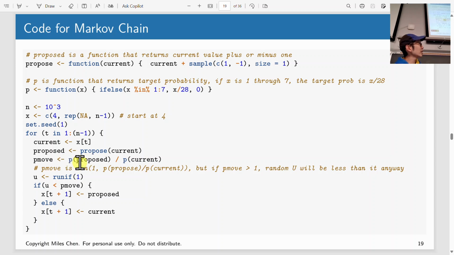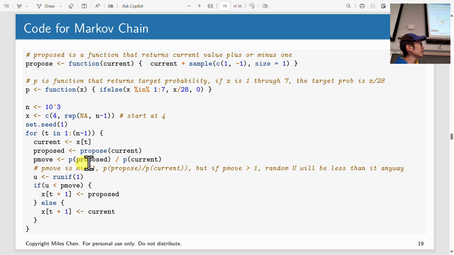Technically my p move is the minimum between 1 and p proposed over p current. But if that ratio is greater than 1, then my random u is always going to be less than it anyway, so I don't technically have to take the minimum. I generate a random u.